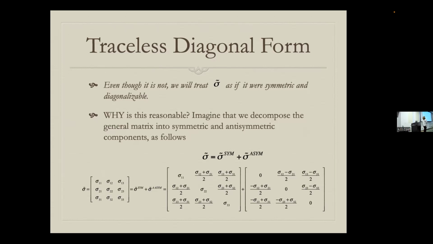In order to reconstruct the old tensor, not to just get rid of information, I then would have another piece which is simply the difference between the true tensor and the symmetrized version, which I call the antisymmetric portion of my tensor. It's not 0 for CSA. It is 0 for some other interactions. For example, the dipole coupling is truly 0. But for CSA, it's not 0.